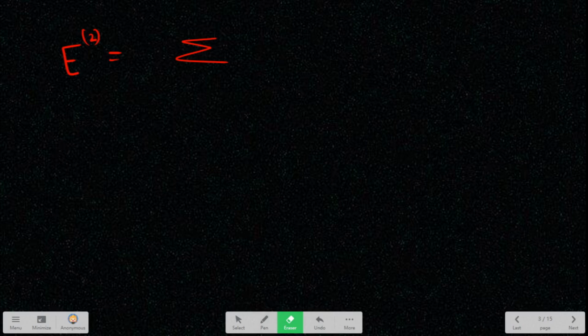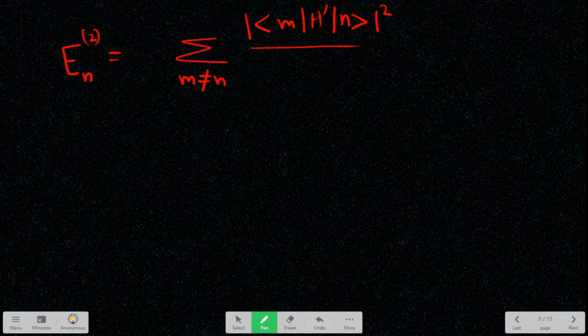If you want to calculate the second order correction with respect to the nth state, then it is defined as the summation over m not equal to n of the modulus square of <m|H prime|n>, divided by En0 minus Em0.